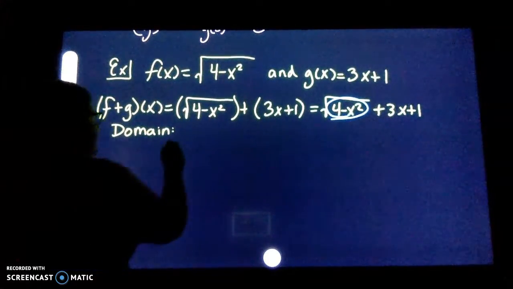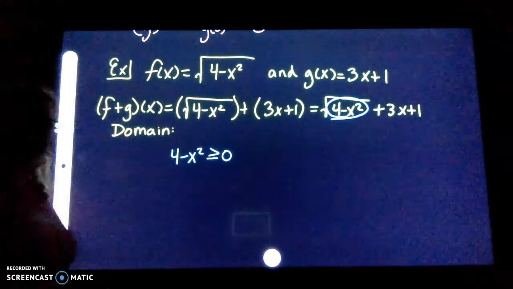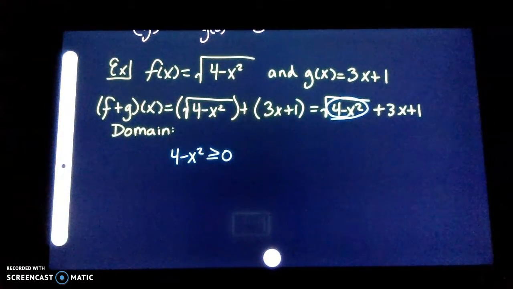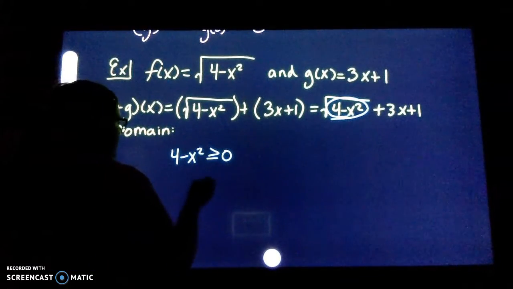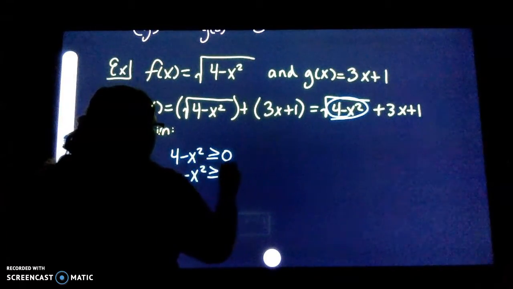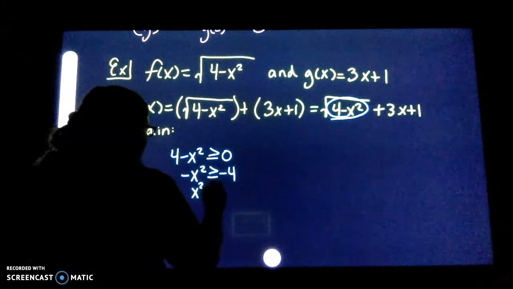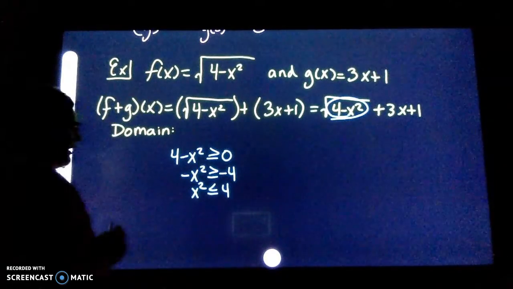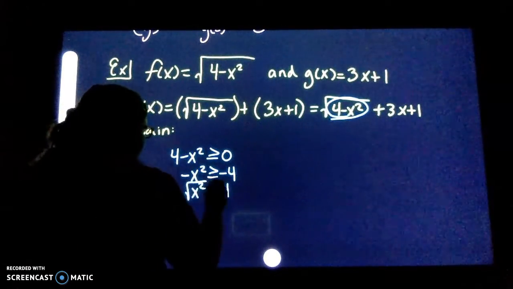So I need to take that 4 minus x squared, set it greater than or equal to 0, and solve for x. First thing I'm going to do is subtract the 4 across. So I get negative x squared greater than or equal to negative 4. Divide each side by negative 1, which means I need to flip the sign. And then I need to split it by taking the square root.